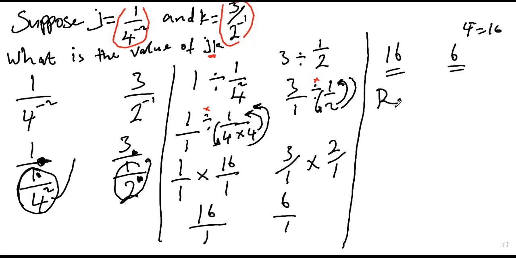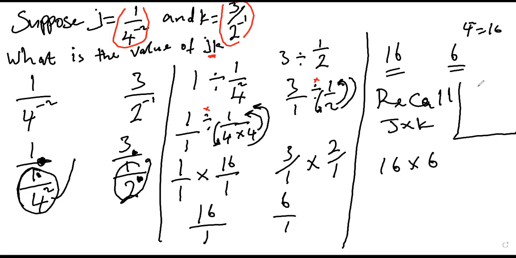So recall, what is J times K? To attain that, we're going to have 16 times 6. 16 times 6 will give us something. Let me work out 16 times 6. We multiply: 6 times 6 is going to be 36.